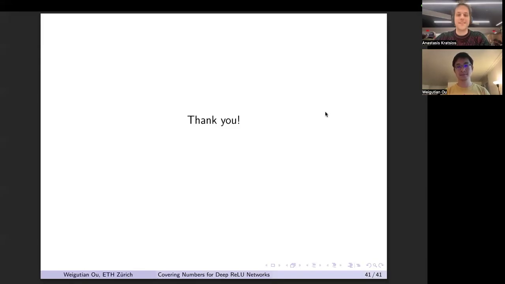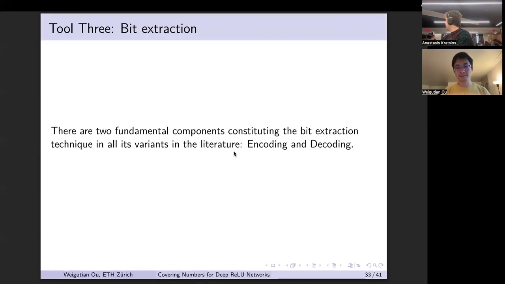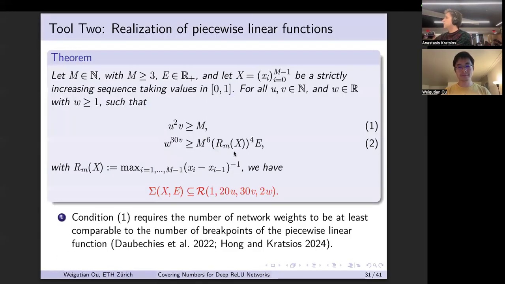So I have a quick question. Can you go back to page 31? For sure. Yeah, so I see you mentioned my paper with Dr. Krasios here. So I was just wondering, have you tried bounding the weights using our approach?